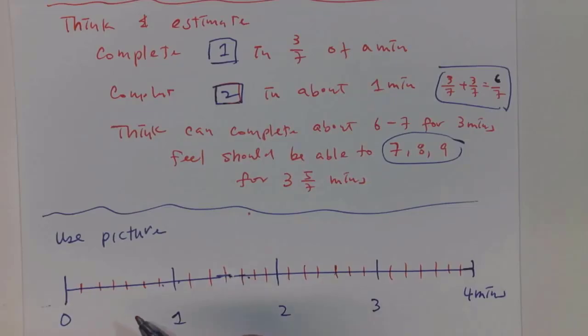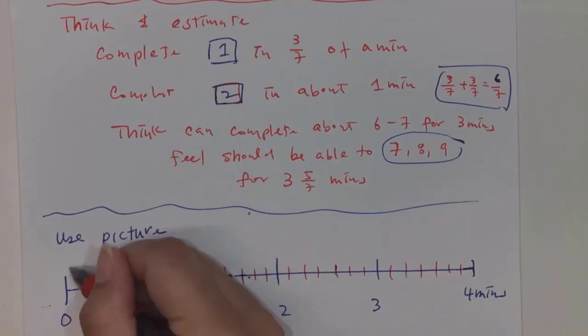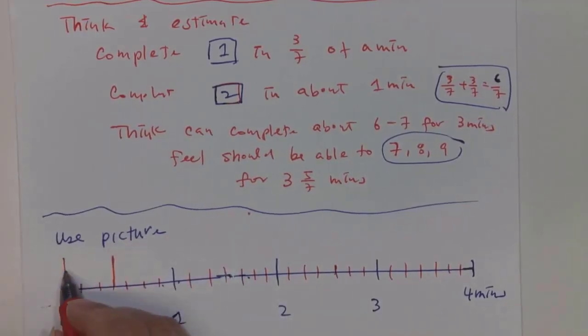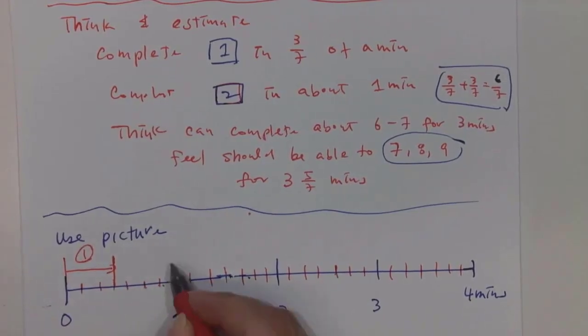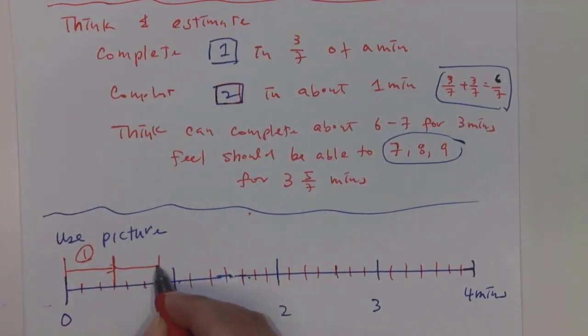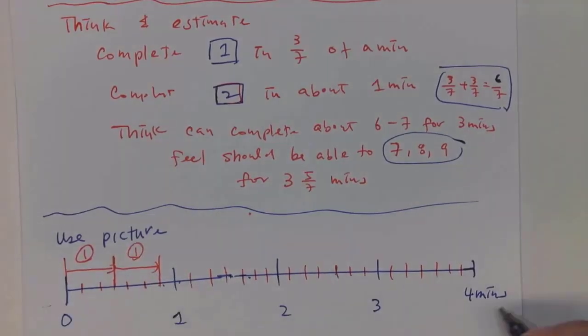Okay, we have 7, so each thing that he did takes how many sevenths? 3/7. So 3/7 here, right? I'm going to have an arrow for the first 3/7. I'm going to put 1 here and other 3/7. So keep going until we stop at before 3 and 5/7.